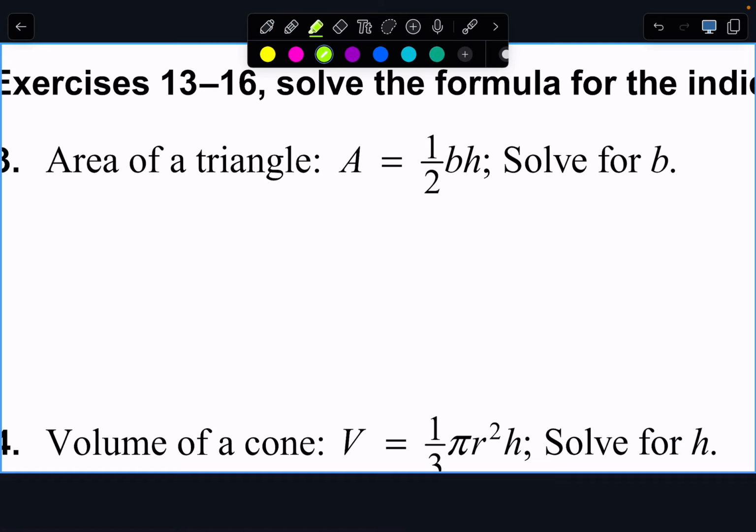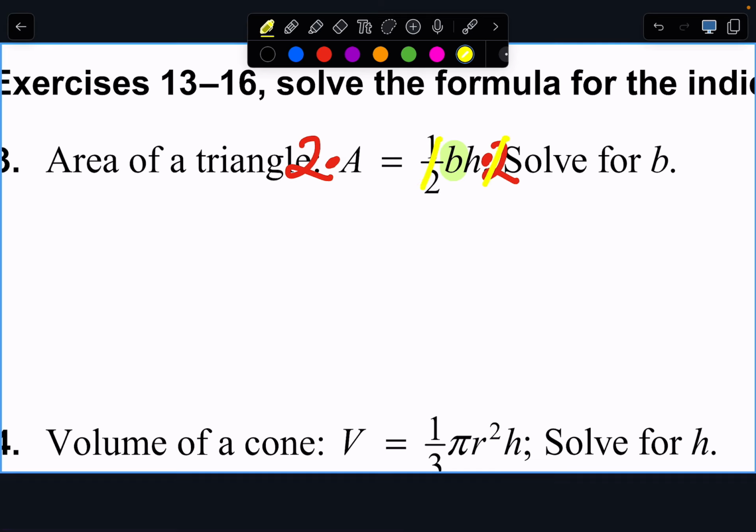And I want you to solve for B. Well, there's a 1/2 times B times H. So what could I do so that there's not a 1/2 next to the B? Multiply by 2. Yes. We are going to multiply both sides by 2 because what happens to 1/2 times 2?